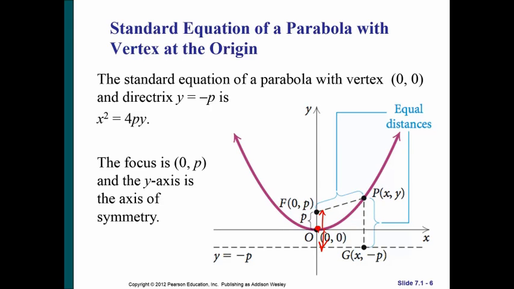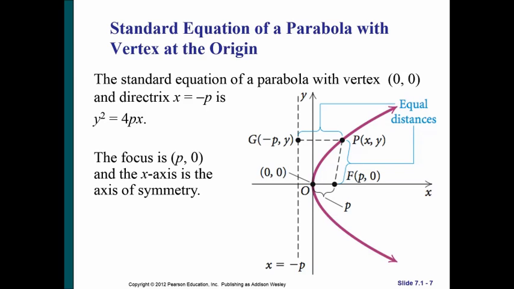It's on the other side of the curve, the same distance, just like a reflection. That makes the directrix this horizontal line, and the equation would be y equals negative p. For example, if the focal point was 2 units up from 0, then the directrix would be 2 units down, y equals negative 2.